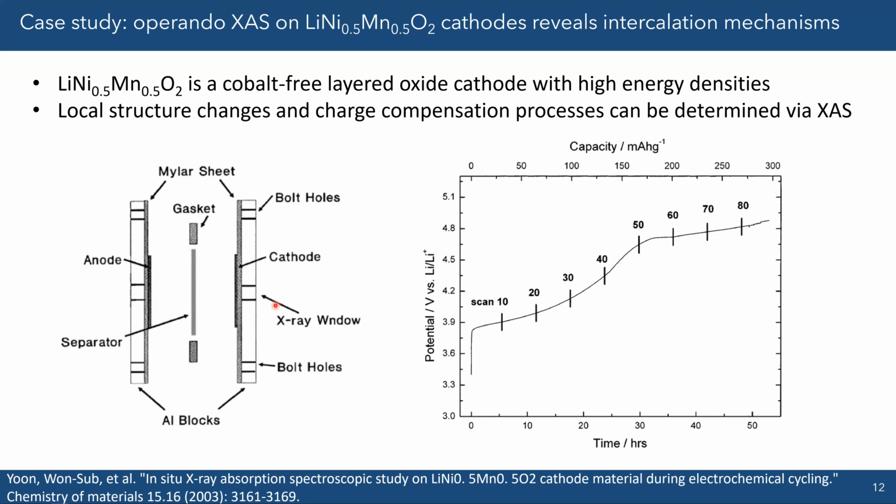They charge the battery, and as they charge it, they run the XAS experiment by shooting the X-rays perpendicular to it. They take several scans as a function of time, so as a function of your battery charge state.